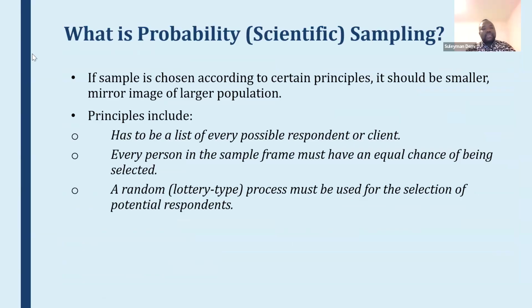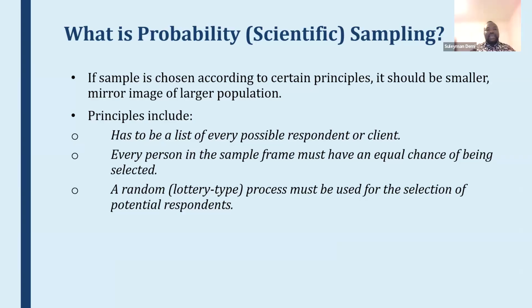So in this case, there are different types. The most common one is random sampling, which we'll talk about now. But let's look at the principle. Probability sampling has to have a list of every possible respondent or client. So let's say you want to study the experiences of nurses in Susemeri, right?